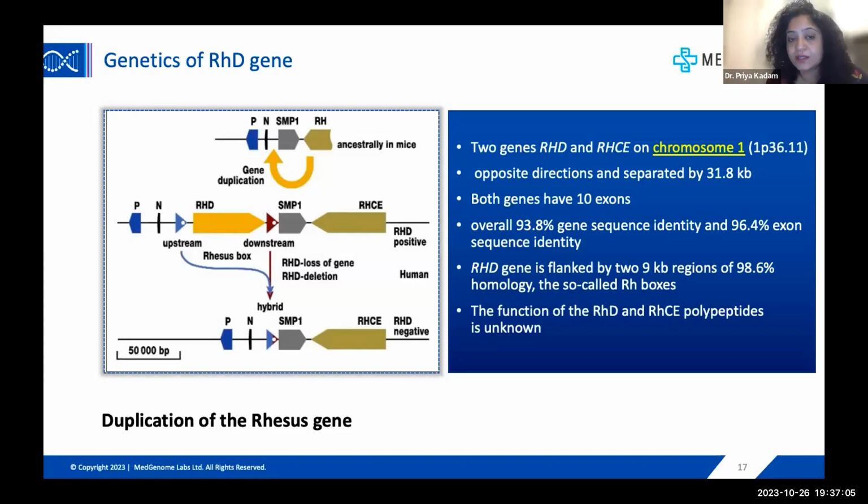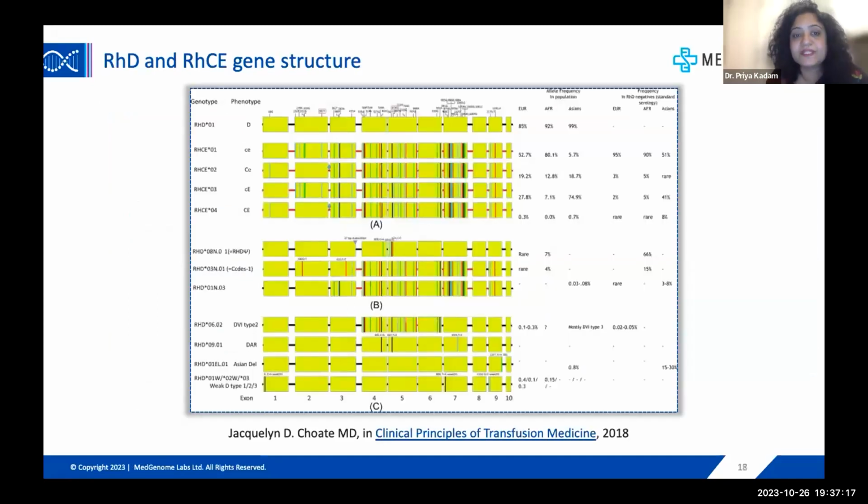on the RBCs. But we know that these two genes have about 93% and 96% sequence identity. They're highly homologous, so they do interfere with some of the results. I will not go into the details of this. We just know that the RhD gene has about 10 exons, and these are all the variants which are present.